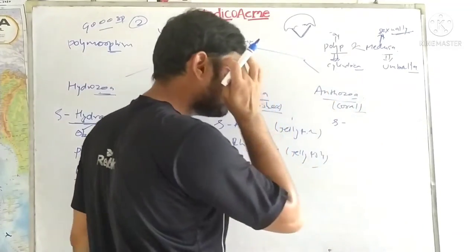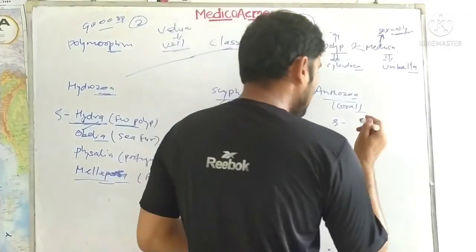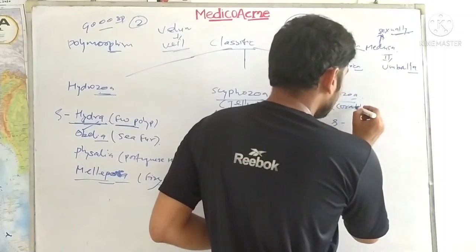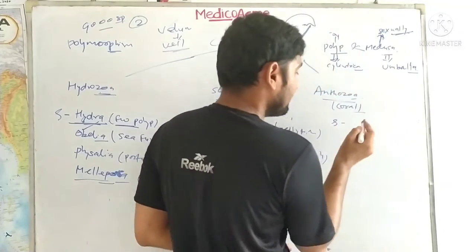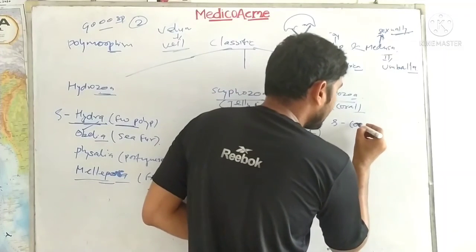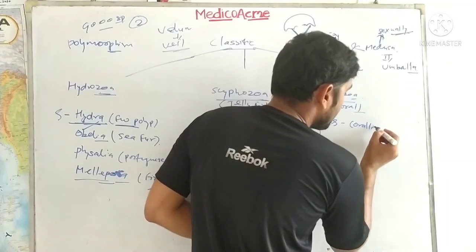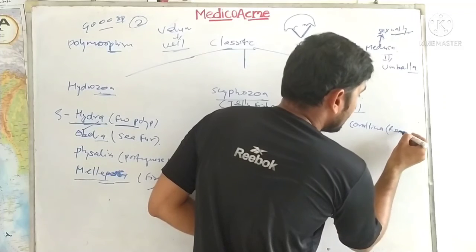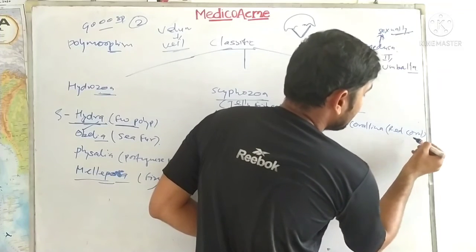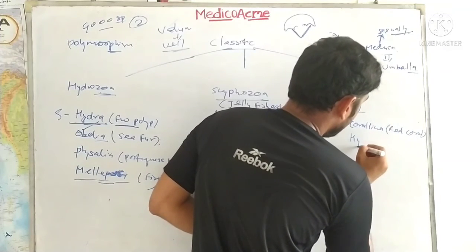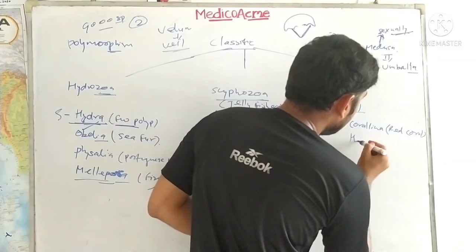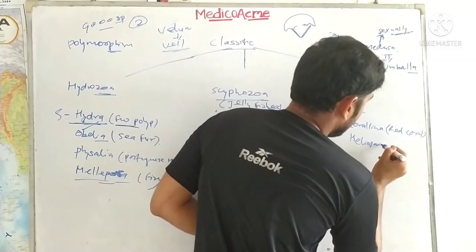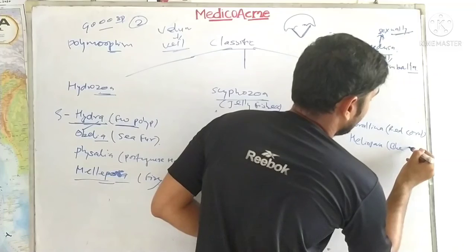Okay. The third important thing is Anthozoa. Anthozoa are exclusively marine, and the most important examples are those which actually form the coral reefs. So please remember Corallium or red coral, very, very important, and Heliopora, blue coral.